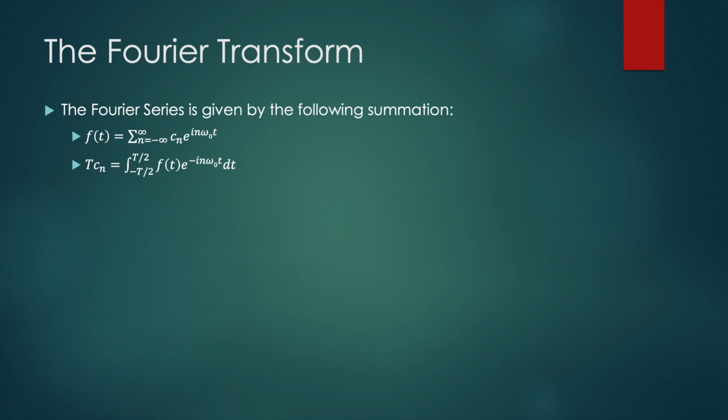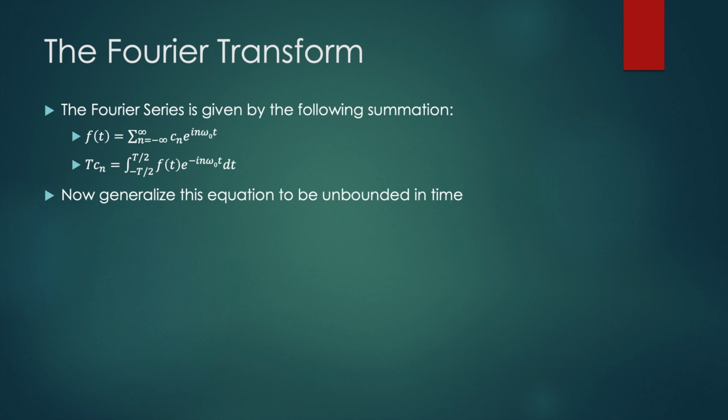Now, if we consider this equation in a more general sense, where it's not bounded by a time interval, so T becomes infinite, the first thing we should look at is what happens to the frequency term w naught. So w naught, the fundamental frequency, is 2 pi over T. Well, if T grows to infinity, then w naught approaches 0.